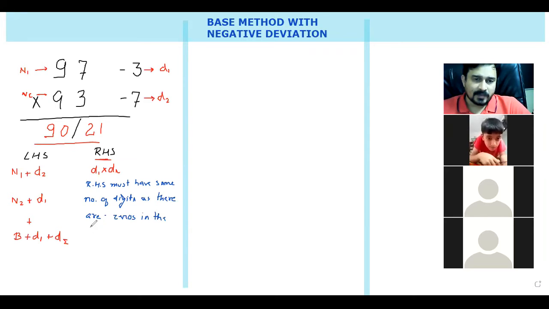RHS must have same number of digits as there are zeros in the base. Got it?